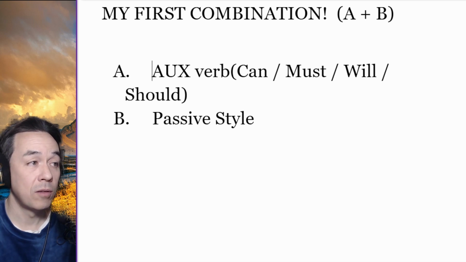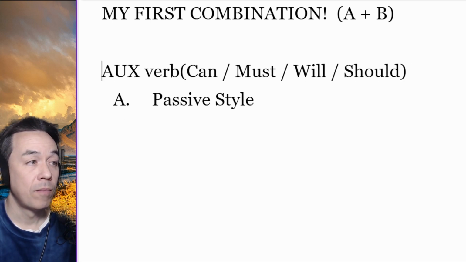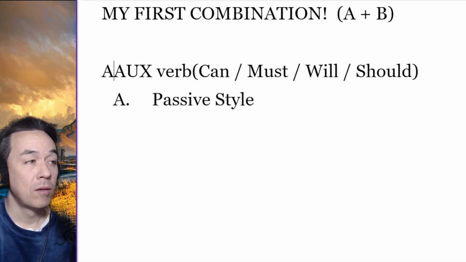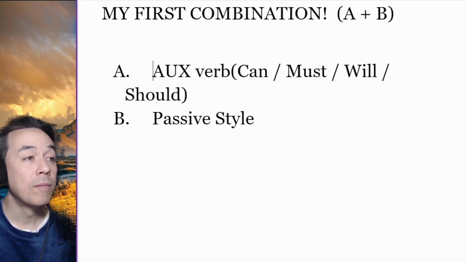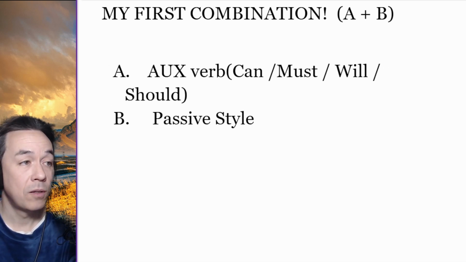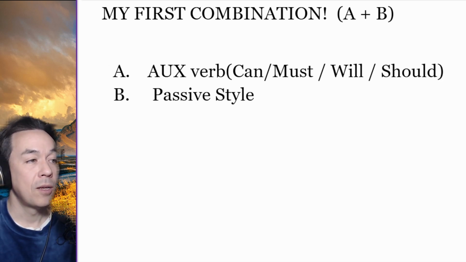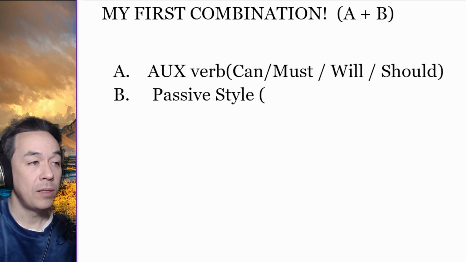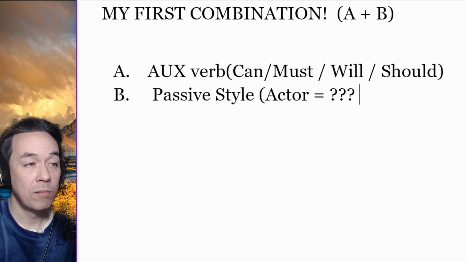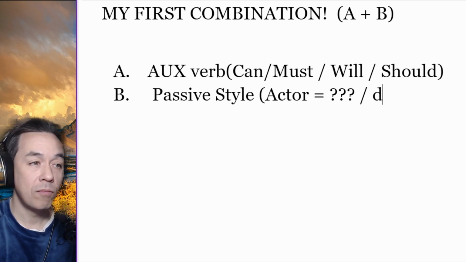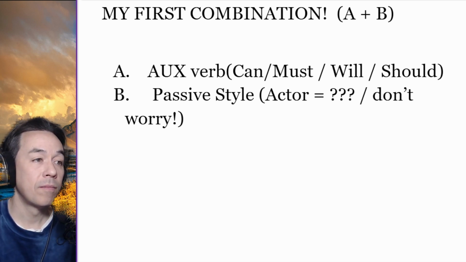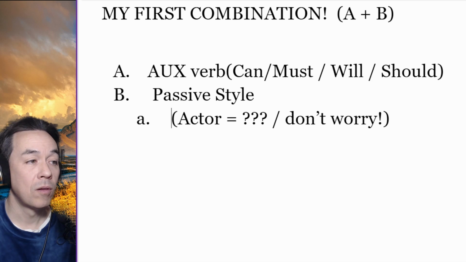See if I can get this on one line. I wish it would fit. There you go. And the passive, again, means the actor is, I don't know. Or, don't worry.